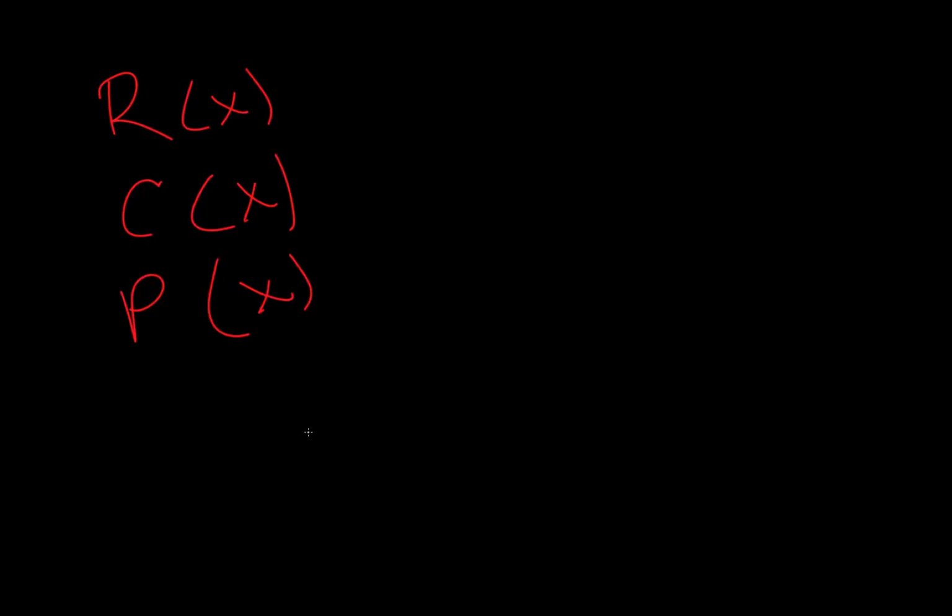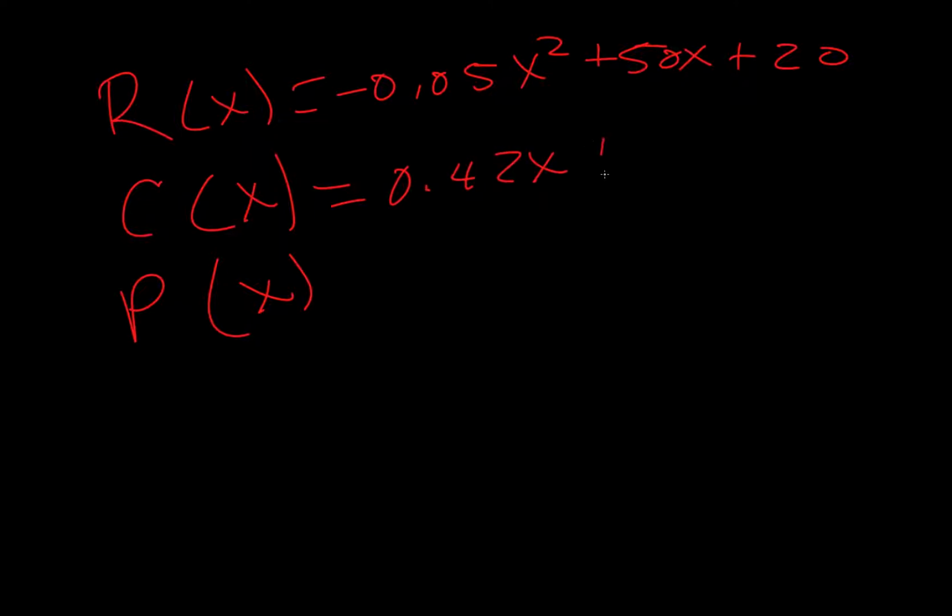So we have a toy store, and we have a revenue. It's represented by this function. And we have cost. That's 0.42x plus 10. And then it says write a function for the profit.